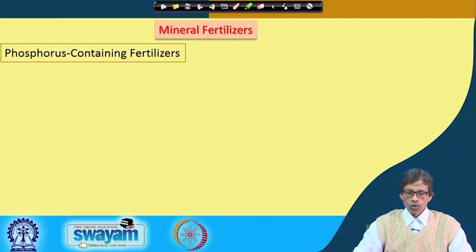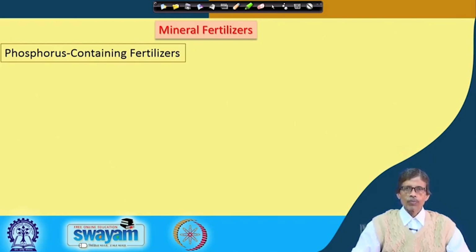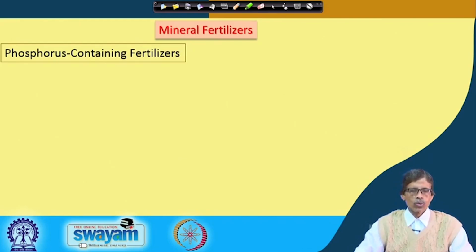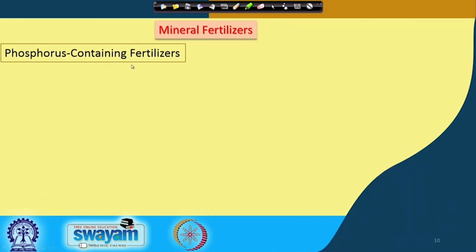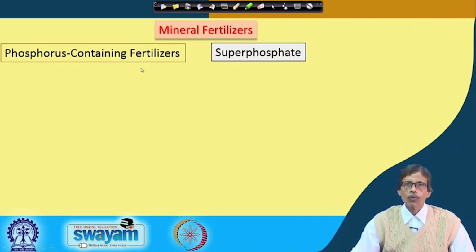It has a nitrogen source, a potassium source and a phosphorus source also. So, the mineral now is phosphorus, and phosphorus containing fertilizers can be obtained as superphosphates. We sometimes call them superphosphates of lime. How do you make them?